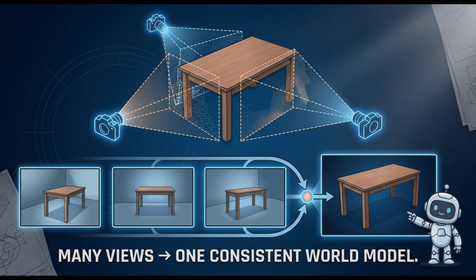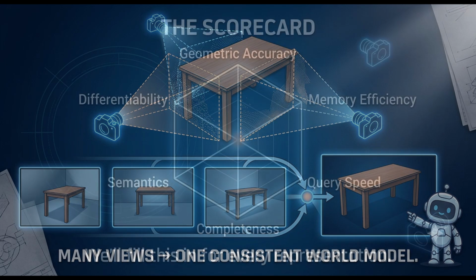A good 3D representation fuses all those views into one coherent model that stays fixed in the world while the camera moves around it. This is the difference between "I see a table in each frame" and "there is a table at this location, and I am now looking at it from the side."